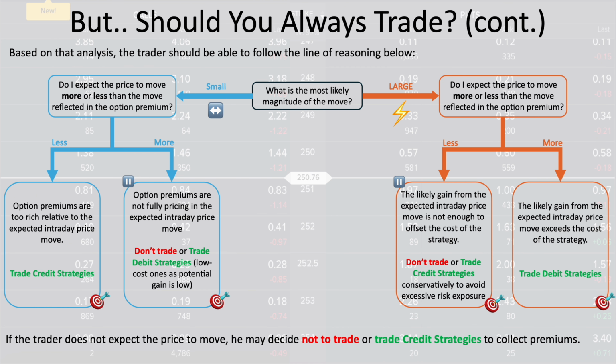And so either you don't trade, or if you really want to trade, you trade credit strategies, the ones that profit from small moves, but you have to do it conservatively to avoid excessive risk exposure.